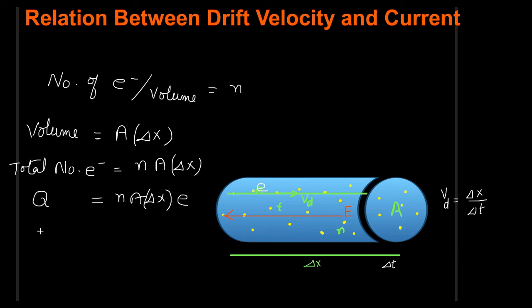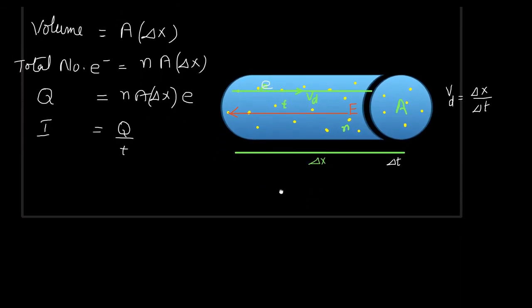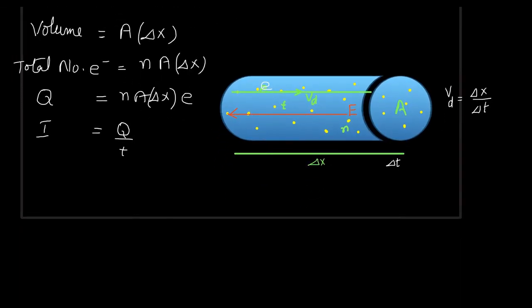If it is so, these free electrons drift through a distance delta x in time delta t. What may be the current through the conductor in time delta t? That is, I is Q by t, or I equals n A delta x into e, that is Q, divided by time.